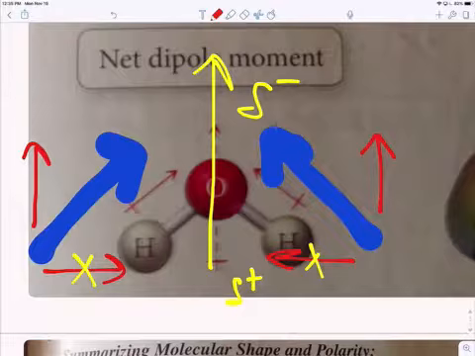So from this, there tends to be a buildup of negative charge around the oxygen of the water molecule, and as such, water is polar. So you're like, what? So what? Why do I care if a molecule is polar or not? Generally speaking, polar molecules will mix with polar molecules, and nonpolar molecules will mix with nonpolar molecules.